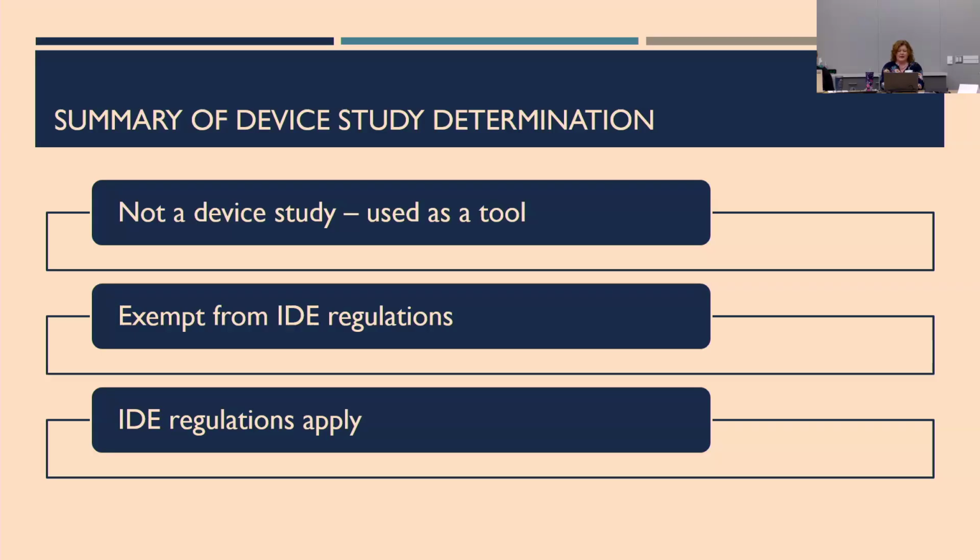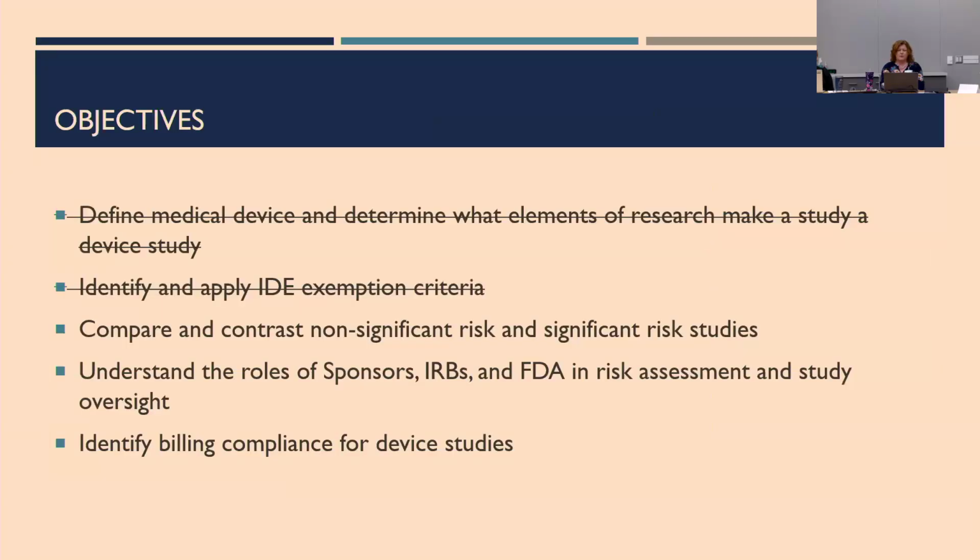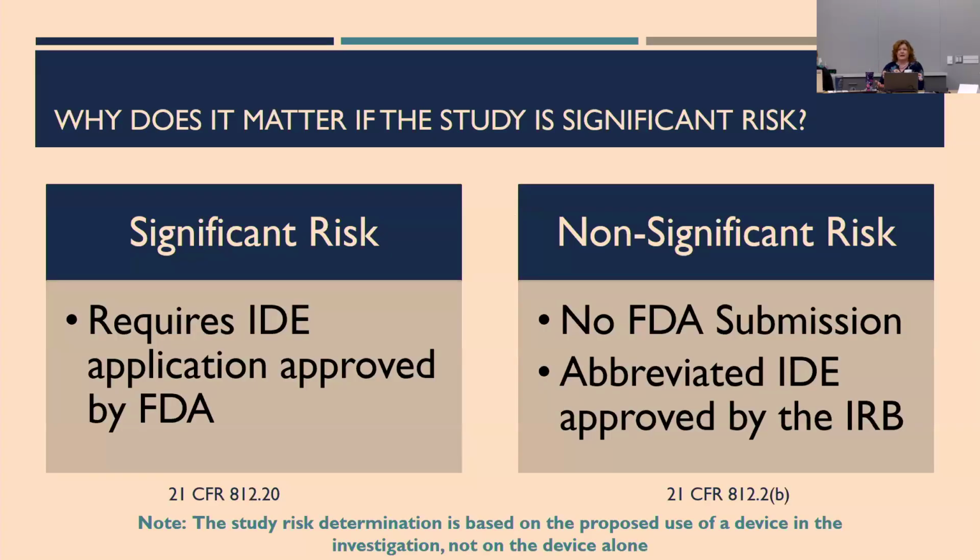And so it's with that last example there, if the IDE regulations apply, then the next step is to determine whether it's a significant risk study or a non-significant risk study. So that's what we will go through next, is to review what this criteria is. And so why does this matter?